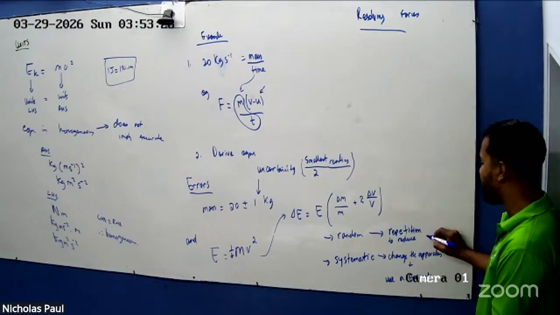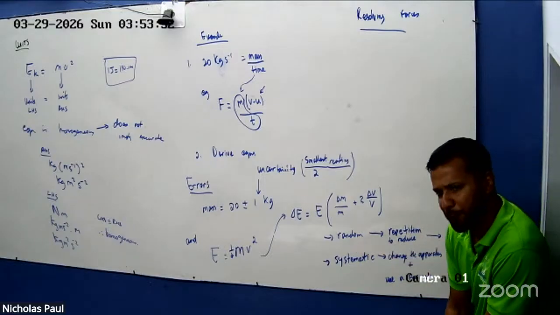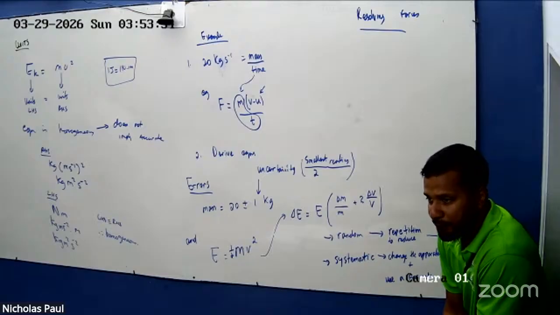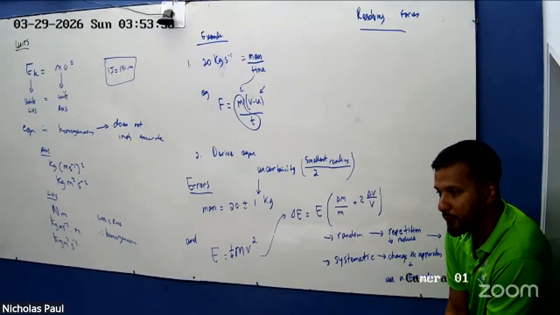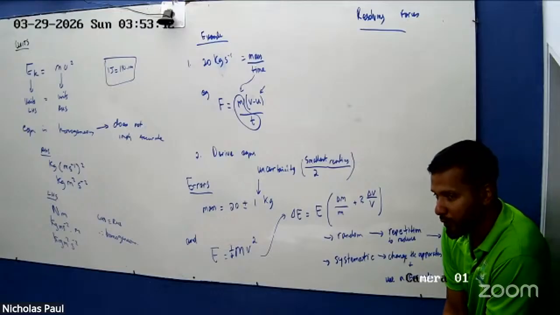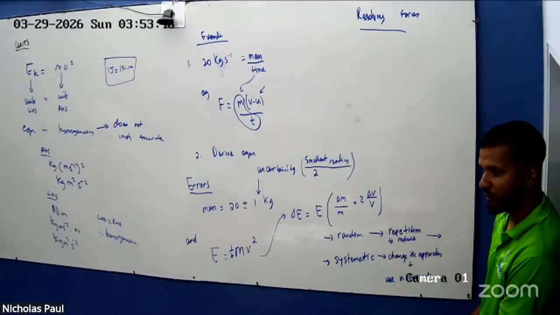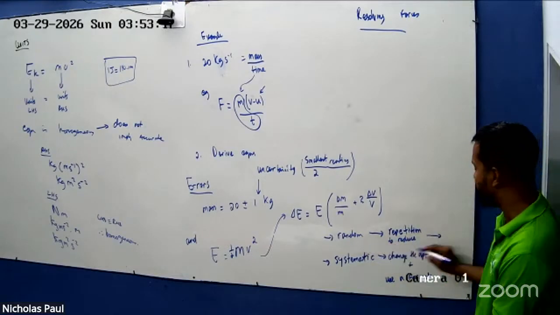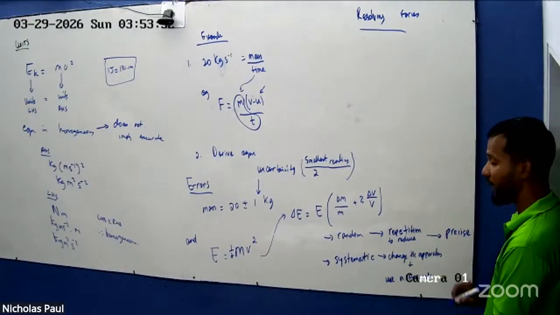What would happen if we reduce random errors? What type of experiment do we end up with? A P word and an A word. So which one is which? If we have small random errors, we make it more precise.